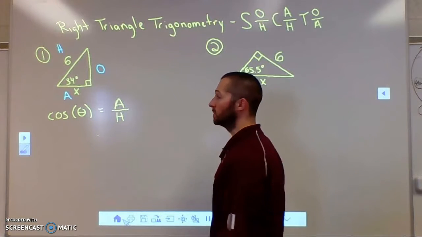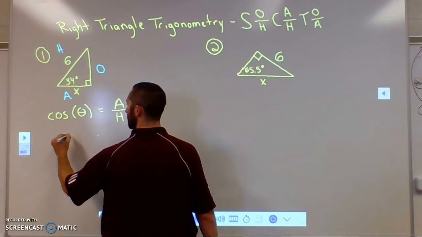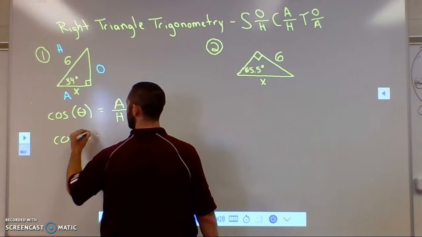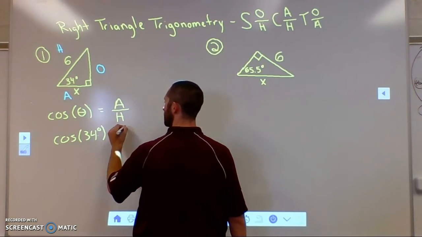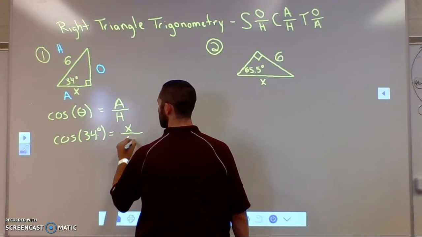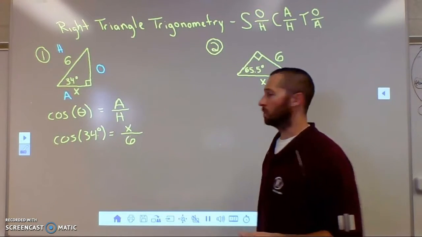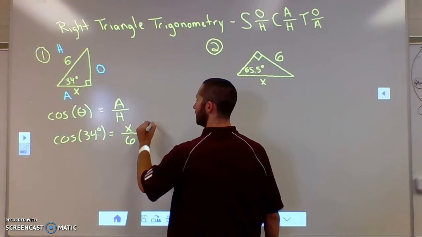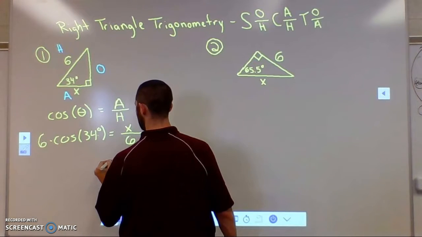Sub in our known values once we've set up our trig equation. Cosine of 34 degrees equals x, the adjacent side length, over 6, the hypotenuse. And then to solve for x in this one, we're just going to multiply both sides of the equation by 6.